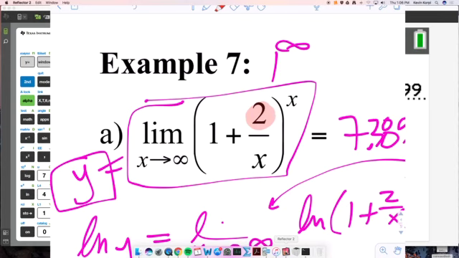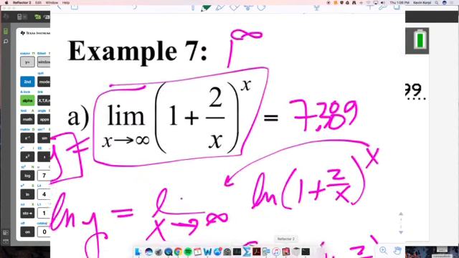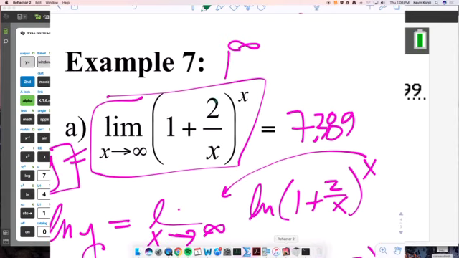Is that 2 the reason it was e squared? In other words, if this were a 3, would the answer be e cubed? You could actually verify it. If this were a 1, would it be e to the first or just e? And the answer to that is yes.